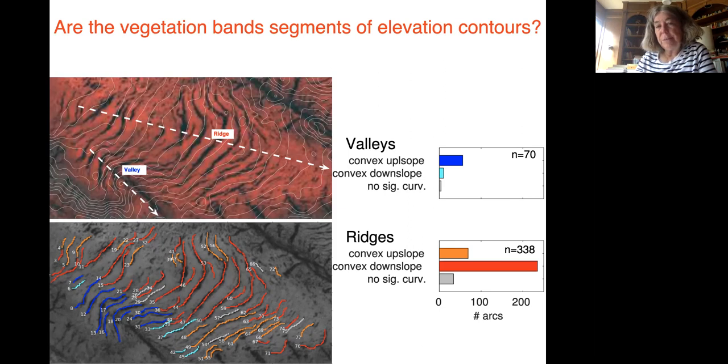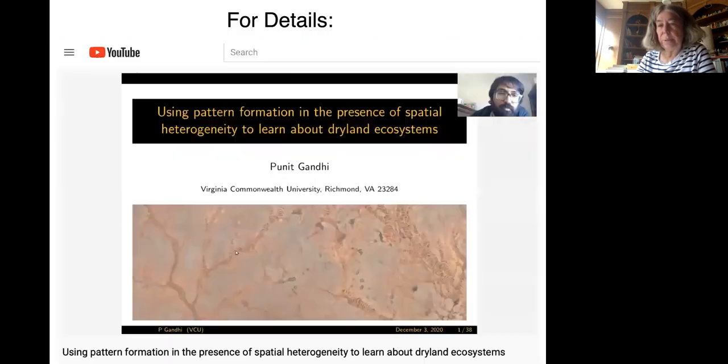And we couldn't get a good match to say that we're looking down on the landscape and the bands are a contour map of elevation, but they definitely had some orientation depending on where they were on the landscape.